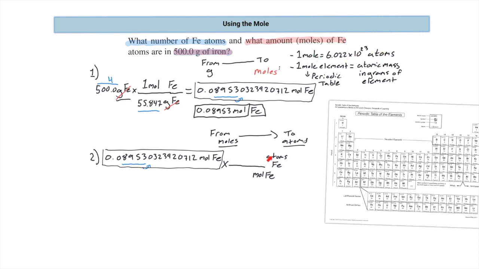So atoms goes on top, moles goes on the bottom. It's 1 mole equals Avogadro's number, 6.022 times 10 to the 23rd.